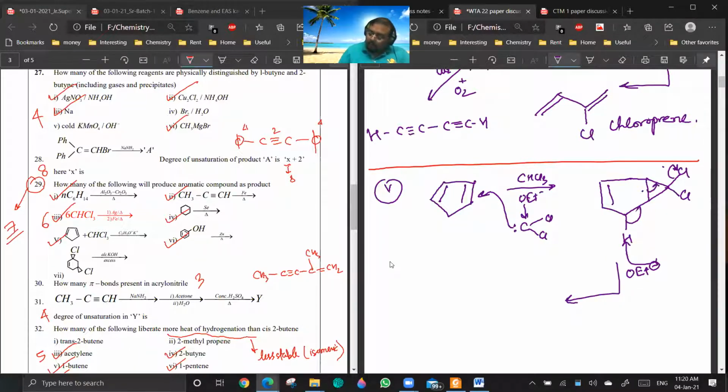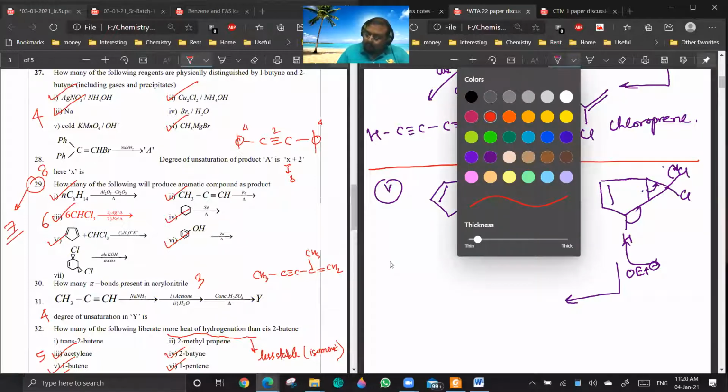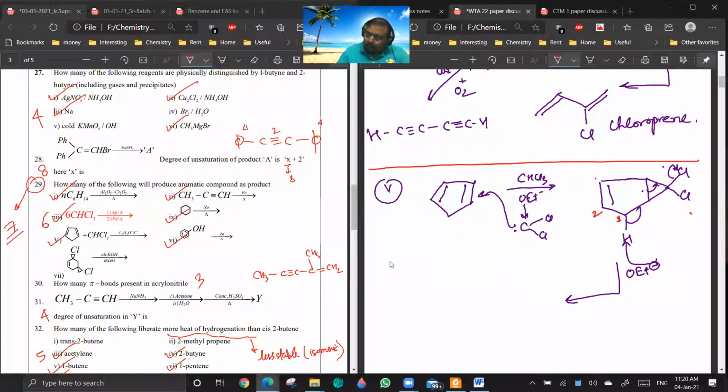So here we have to write the numbers 1, 2, 3, 4, 5, 6. So you'll be getting a 6-member ring.